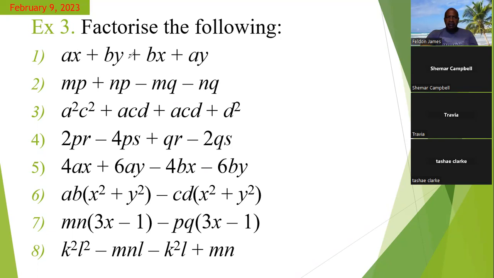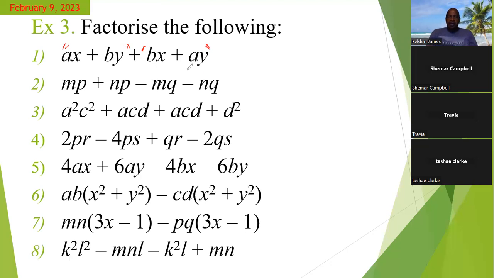We would have examined the first pair and looked to see if we have any common factor. Are any of these letters common? Obviously we are not seeing any for the first pair. We look at the second pair, looking to see if we have any common factor. We're not seeing any for the second pair.